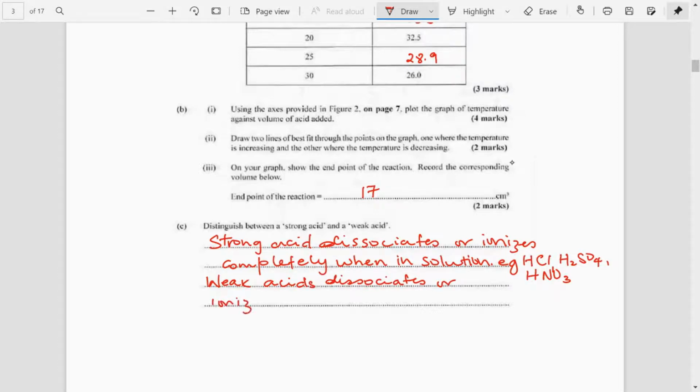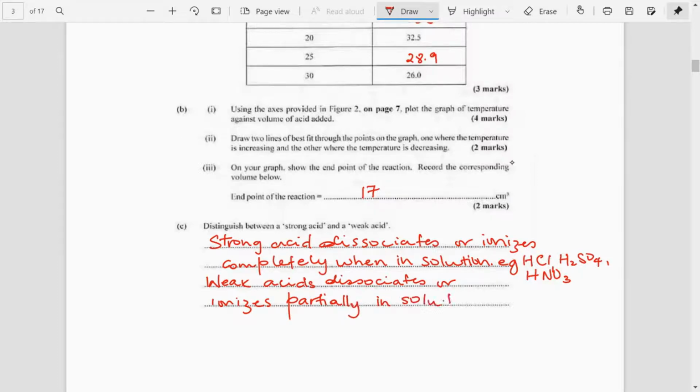So with strong acids you have a high concentration of H plus in solution. However, with weak acids, you have a lower concentration of H plus ions in solution.